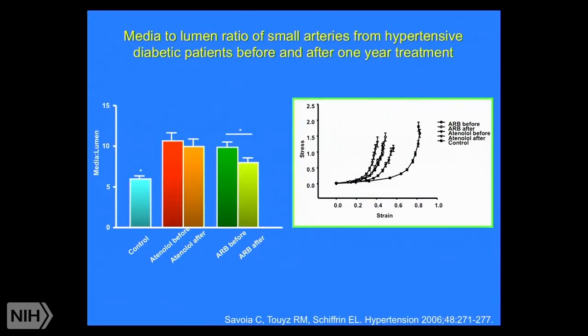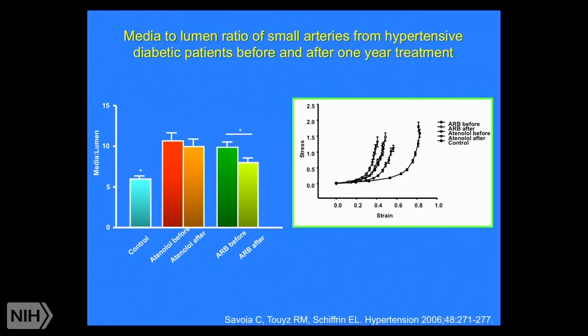Diabetic subjects treated with renin-angiotensin blockers also improve from a point of view of structure, endothelial function, and stiffness of the vessel wall. And so it looks like in a number of conditions we are able to improve these vessels, and hopefully they are representing what is happening in more important vascular structures.